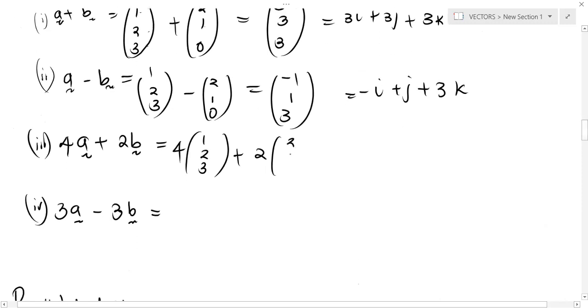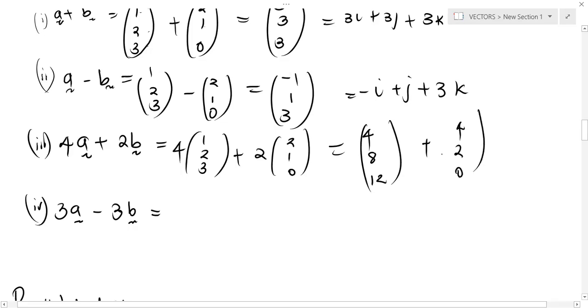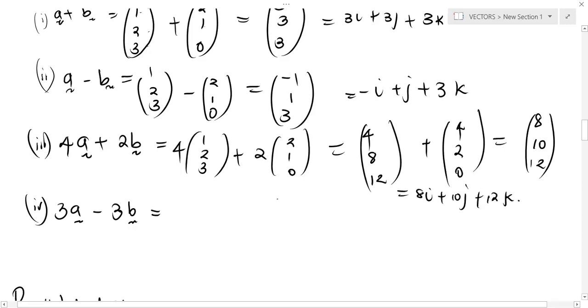Multiplying by a scalar, you multiply each term here. So you will have 4, 8, 12 plus 4, 2, 0. Putting this together, we will have 8, 10, and 12. We can write this as 8i plus 10j plus 12k.